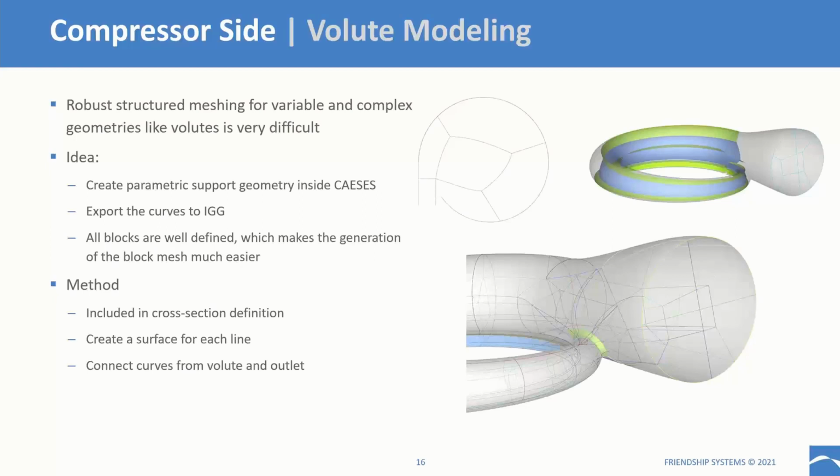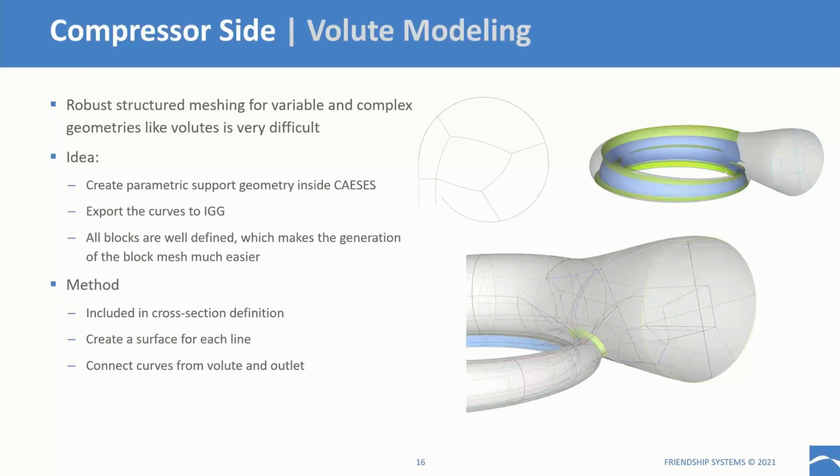The idea here was that we create a support geometry for the blocking of the structured mesh directly inside of the parametric model. So the support geometry is coupled to our geometry directly, and if we change the geometry, we can also adjust these block boundaries very nicely, and then we can export the boundary curves to IGG for the meshing process, which we'll hear more about from Numeca.